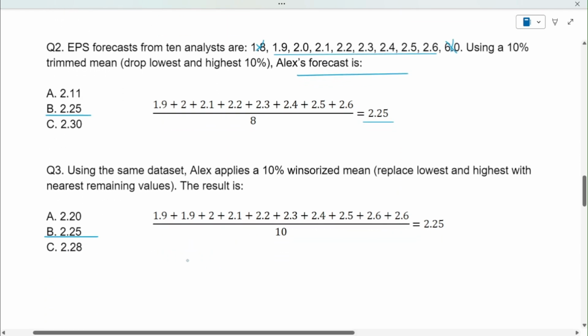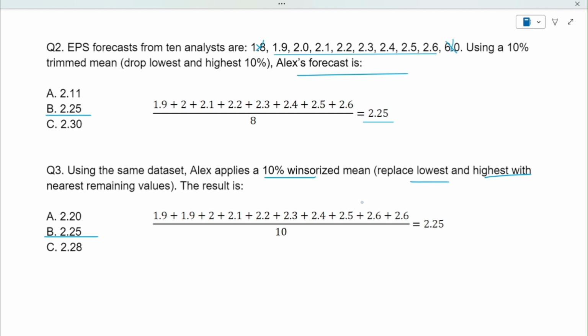The last question from this problem set. Using the same data set, Alex applies a 10% winsorized mean, replacing the lowest and highest with the nearest remaining values. Okay, now we don't drop any values from the data. Instead, we are going to replace the lowest 10% and highest 10% with the closest values.